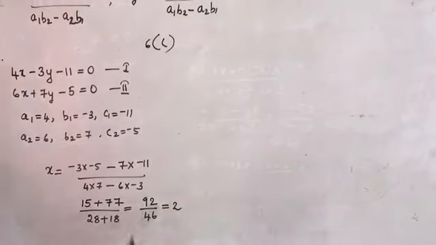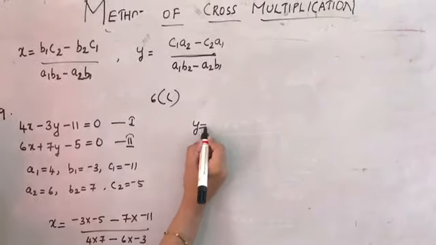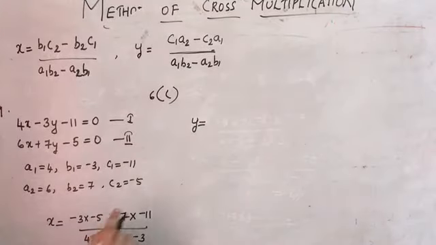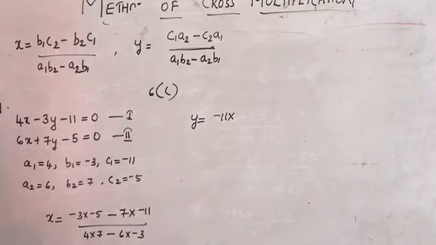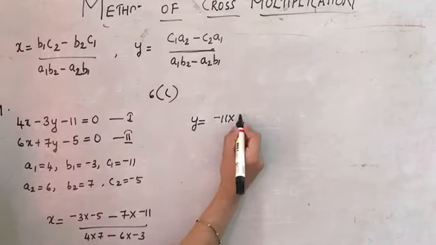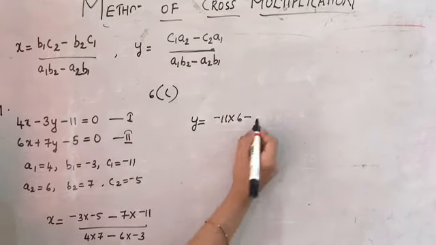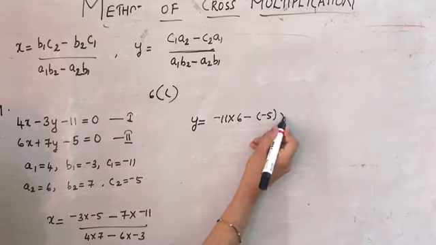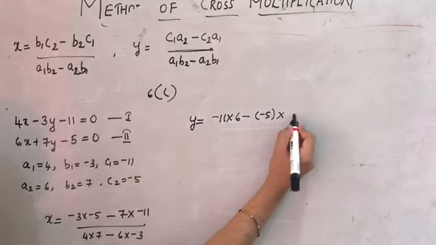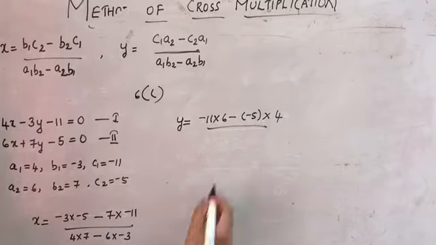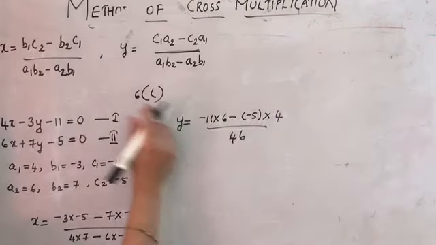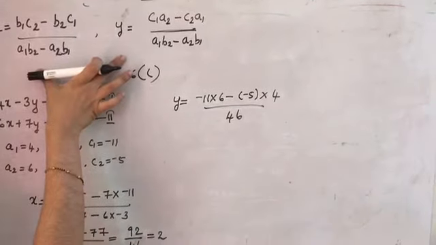Similarly, we can find the value of y. y equals c1 a2, that is minus 11 into a2, a2 was 6, minus c2 was minus 5 into a1, a1 is 4, by the denominator, which again remains the same. So you can directly write 46. In both cases the denominator is the same.